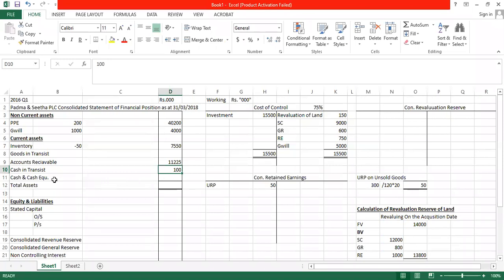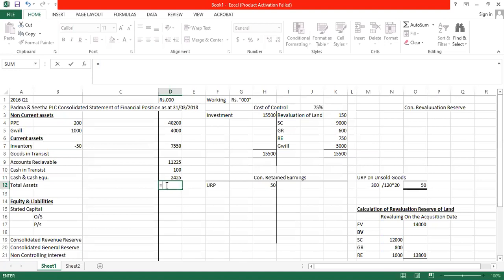Cash and cash equivalent, you can add them together. 1,100 plus 1,325. The summation is 2,425. Yeah, that's all.